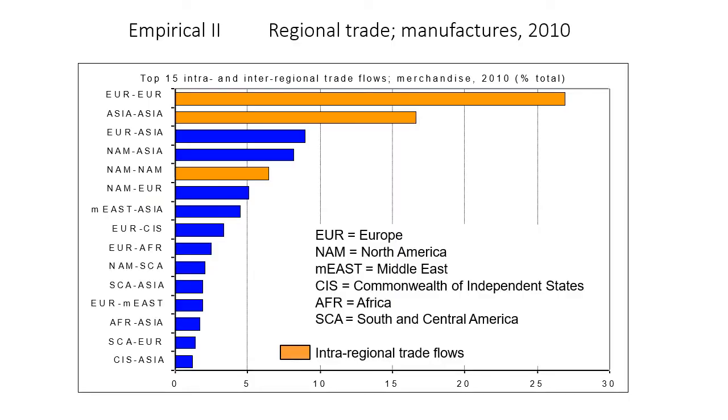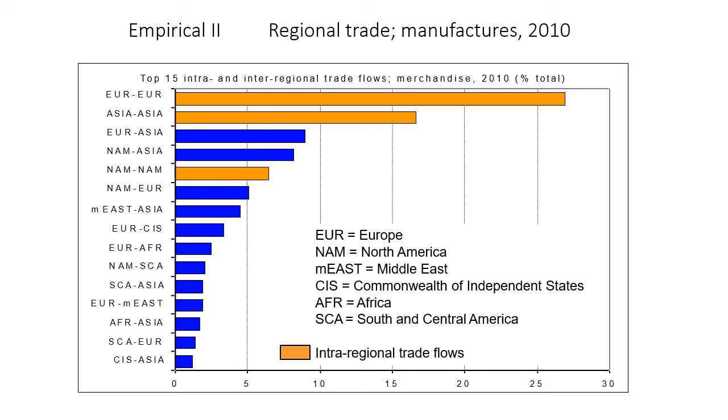When we're looking at world trade flows, what we're showing here is the difference between intra and inter-regional trade. The intra, the A, are all the orange bars. The blue bars represent inter, with the E, regional trade flows. In all the world trade flows, we find that Europe to Europe is roughly about 27%.